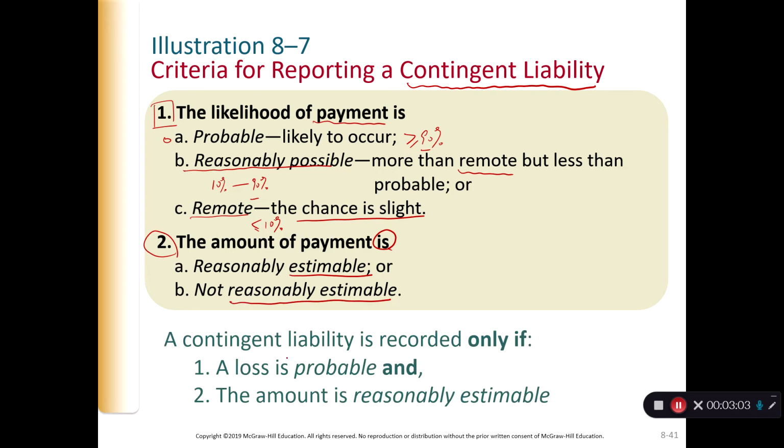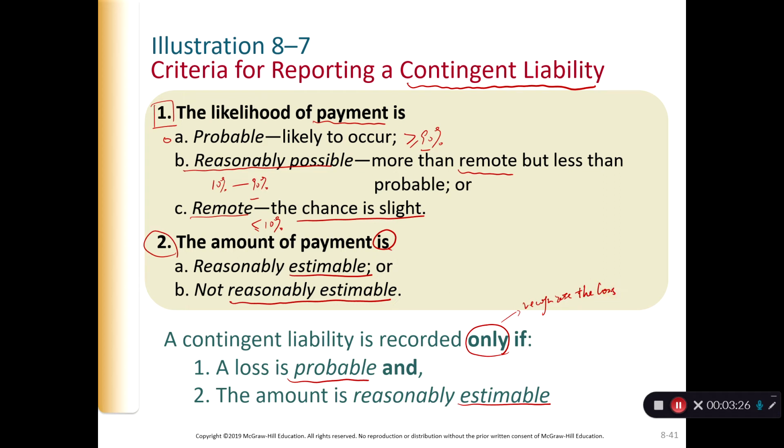Hence, if a contingent liability is probable and at the same time the amount is reasonably estimatable, then that means we can record it as a loss. We need to recognize it as a loss. Right?